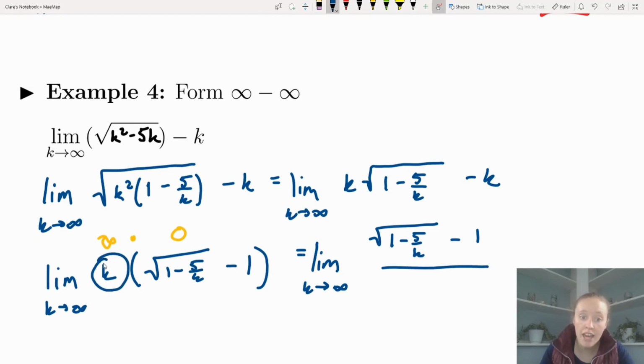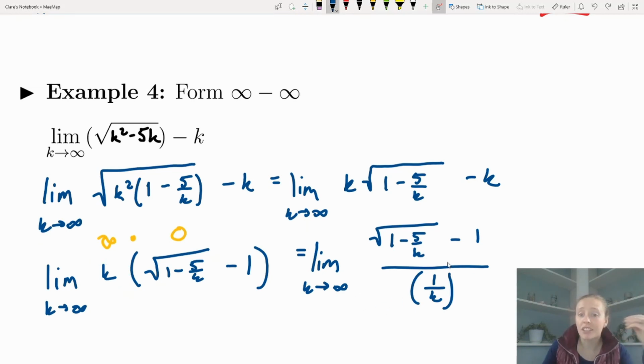I'm moving this k into the denominator, but I'm not changing what this limit's equal to. I'm just putting 1 over k in that denominator, which is the same as having that numerator multiplied by k.